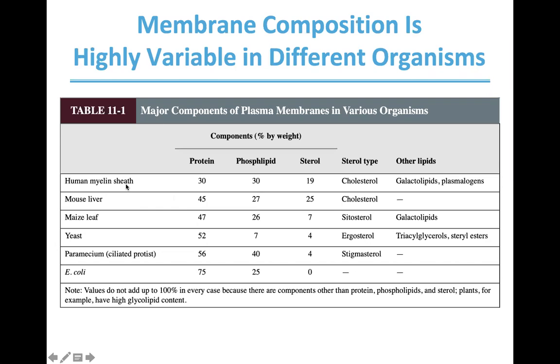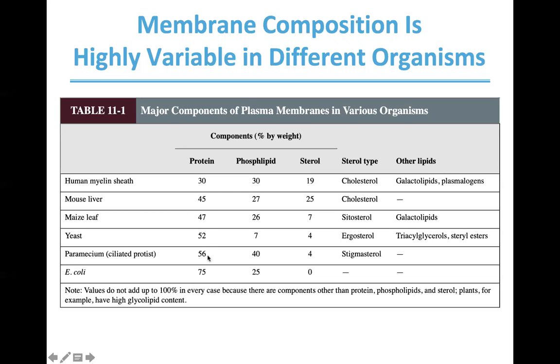Remember, a myelin sheath is specifically responsible for the insulation of the nerve signal transduction. You can see here there's not so much protein. Primarily, there's phospholipid and sterols, cholesterol. So the myelin sheath is very fatty, not too much protein.